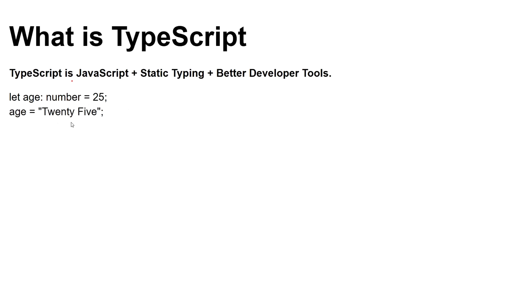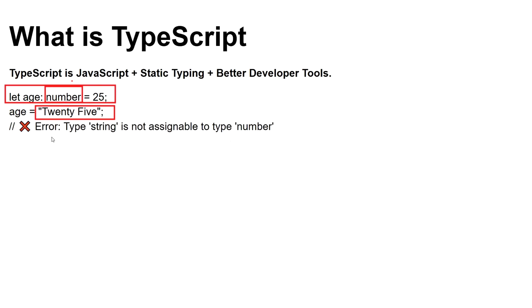Once we give age the number type, we cannot change it to a string, because TypeScript detects this problem. In JavaScript it is allowed, but in TypeScript it is not allowed.